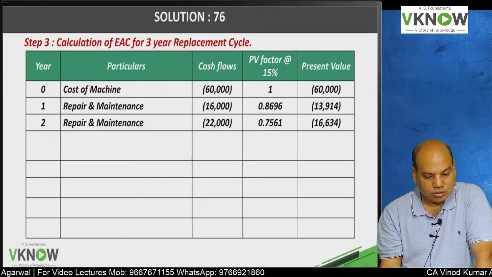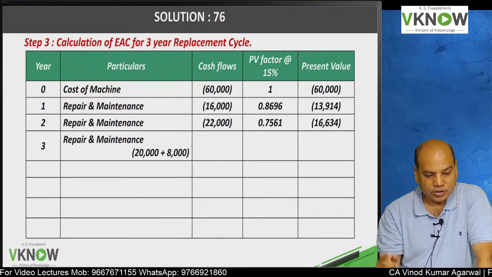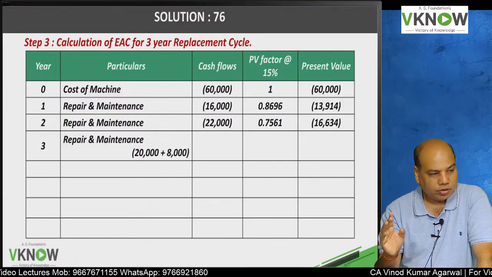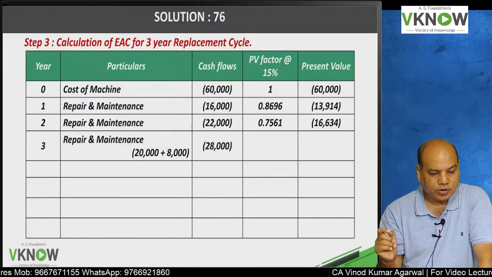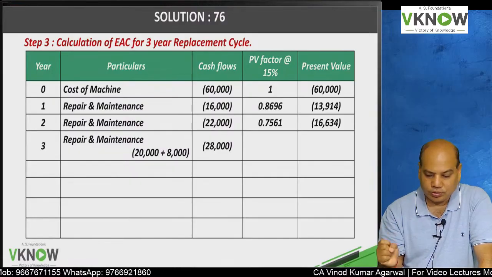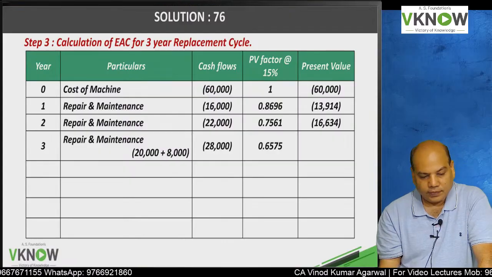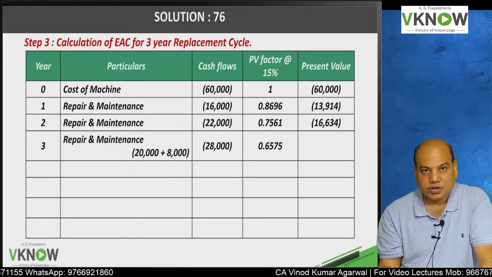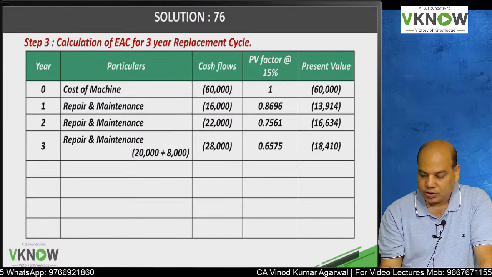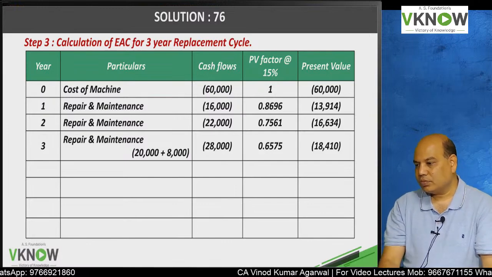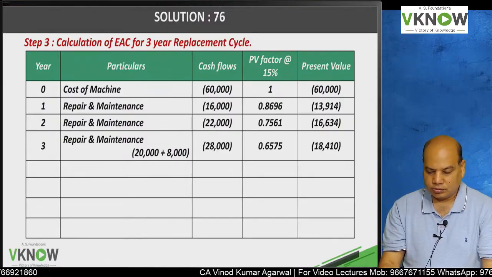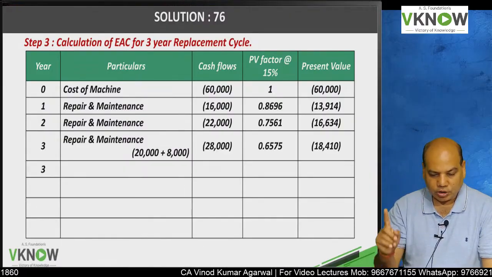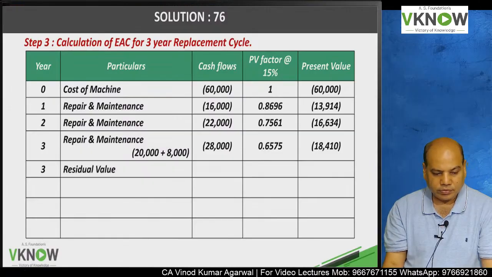Then in year 3 will go repair and maintenance, 20 plus 8, 28,000. This is a question from the study material of the institute. The factor is given, 0.6575. The present value is 18,410. And you are going to sell it in the 3rd year.